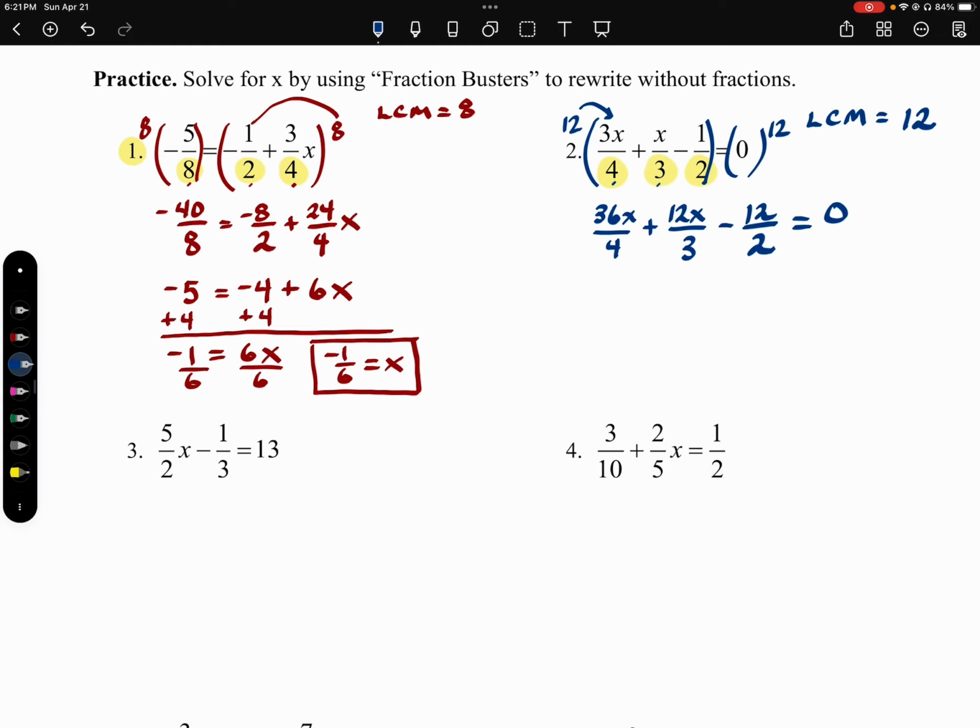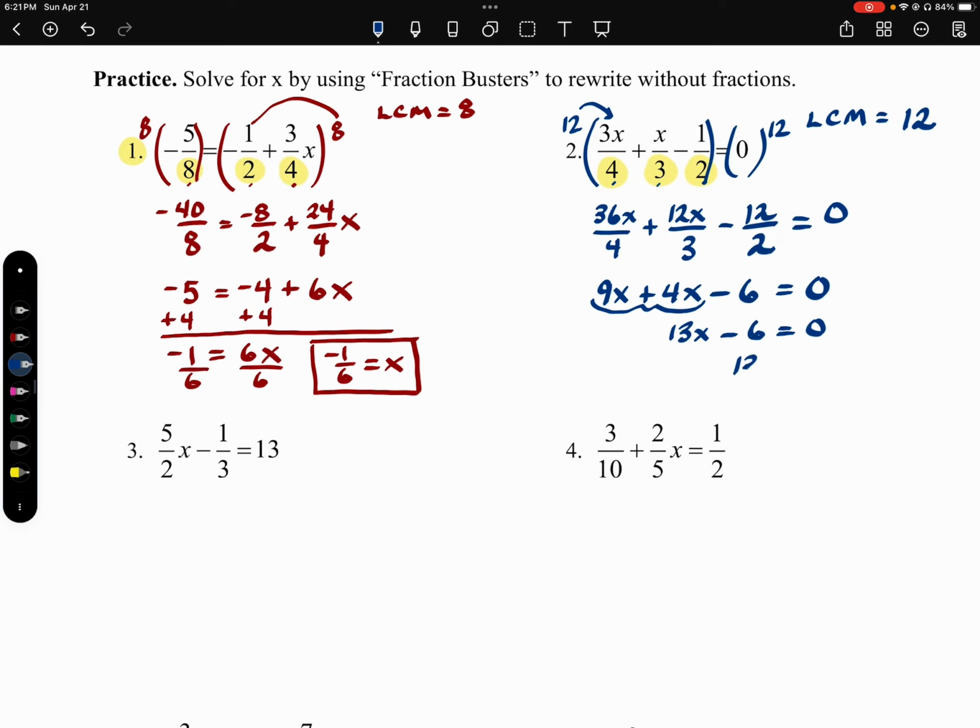Let's simplify each of those terms. 36 divided by 4 should be a 9x. 12x divided by 3 would be a 4x. And then 12 divided by 2 would be negative 6. Go ahead and combine your like terms. You've got 13x minus 6 is equal to 0.